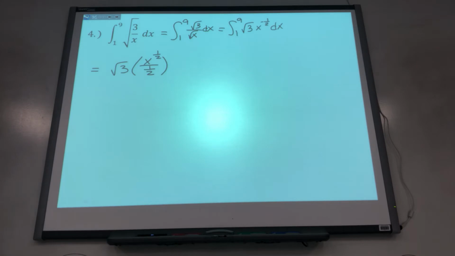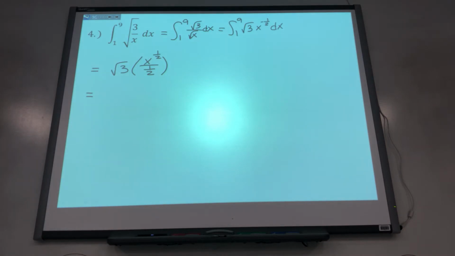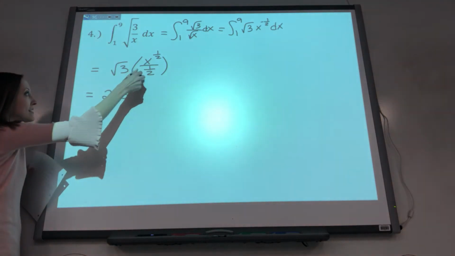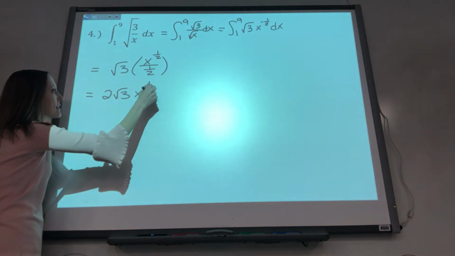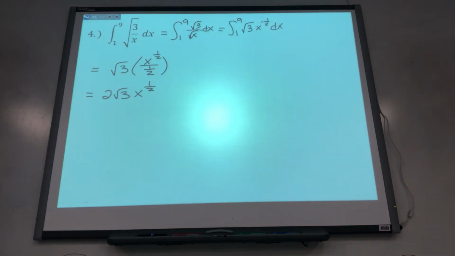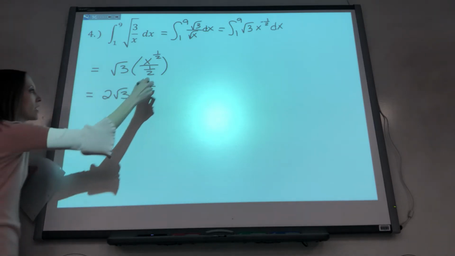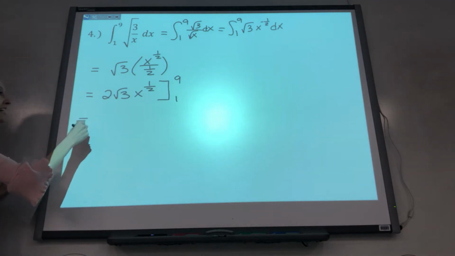Put my new power on bottom. Now, once I flip that 1/2 over, it turns into a 2. So I'm just going to write this as 2 radical 3 x to the 1/2 power. You really can't take the 2 and the 3 and multiply them since the 3 is under a square root. So that's probably all I'll do for that.